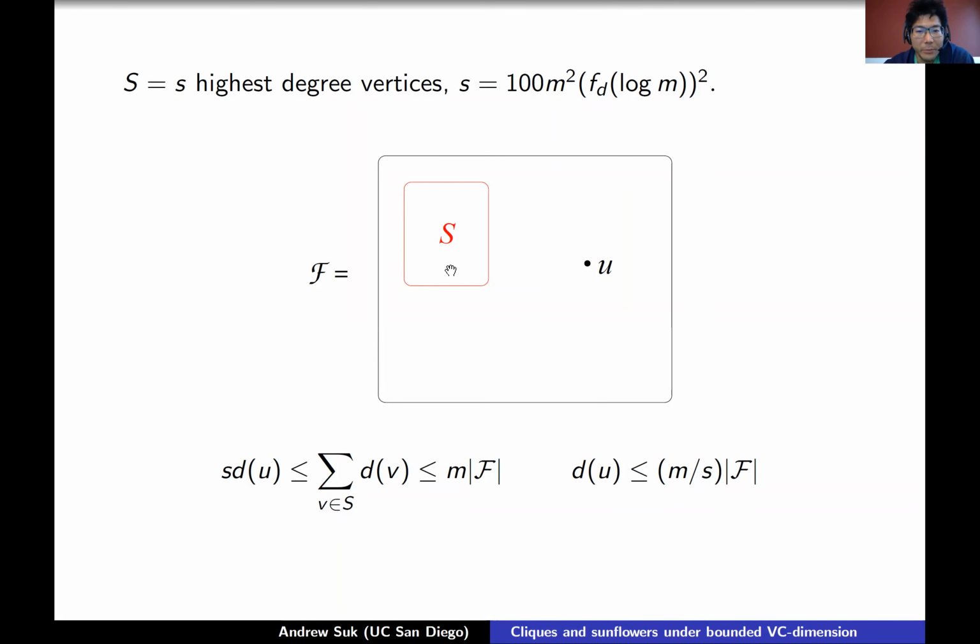And so therefore, if I just sum up the degrees of the vertices inside of S, that'll be at most m times the size of F. And since the degree of the vertex u here is at most the degree of all of these vertices here, we get this inequality here. And then if I just cross multiply the s, I get this upper bound on the degree of this vertex u here. And let me just reiterate that s is super polynomial in m. So this m over s factor is tending to 0 as m tends to infinity.